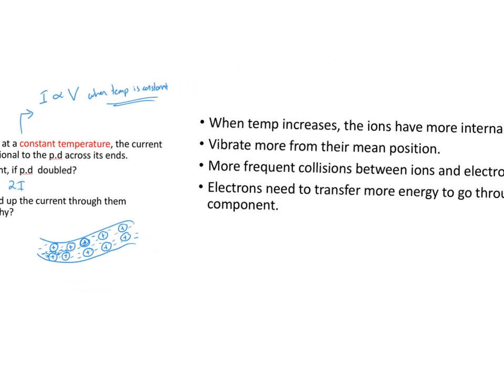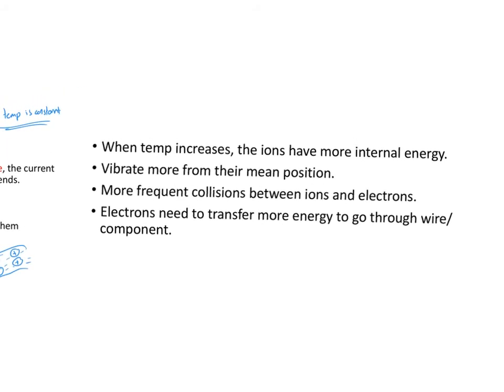So just to summarize, when you have an increase in temperature, the ions have more energy, so the positive ions here vibrate more from where they are fixed, and that will mean that there's more frequent collisions between the positive ions and the electrons. And the electrons will end up transferring more energy in order to go through the wire or through the component, and that's why resistance increases when you have a temperature increase.